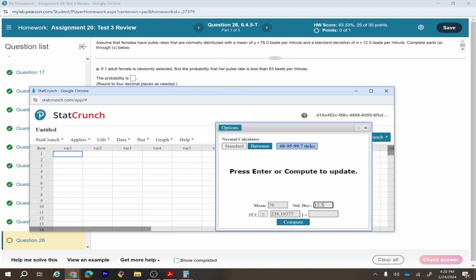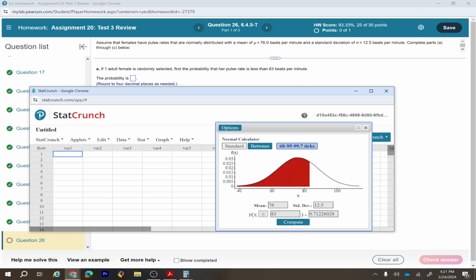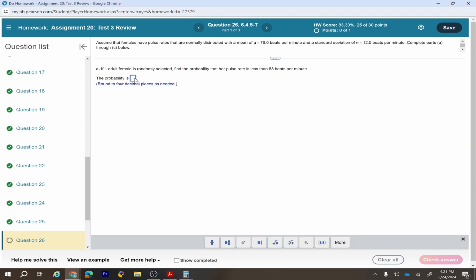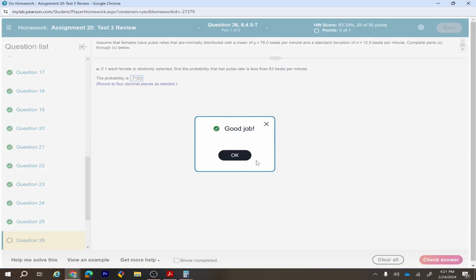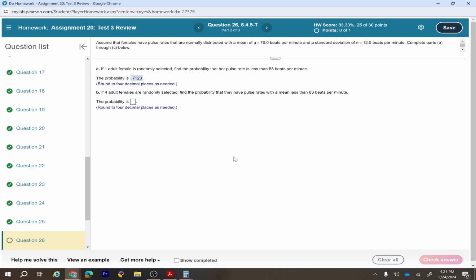We want the probability that the pulse rate is less than 83. If you compute that, the probability is 0.712223, about 0.7123. That's the probability if you randomly pick one adult female.